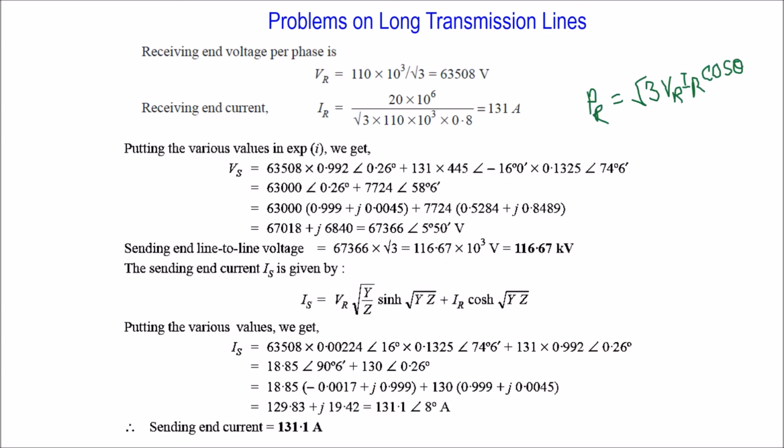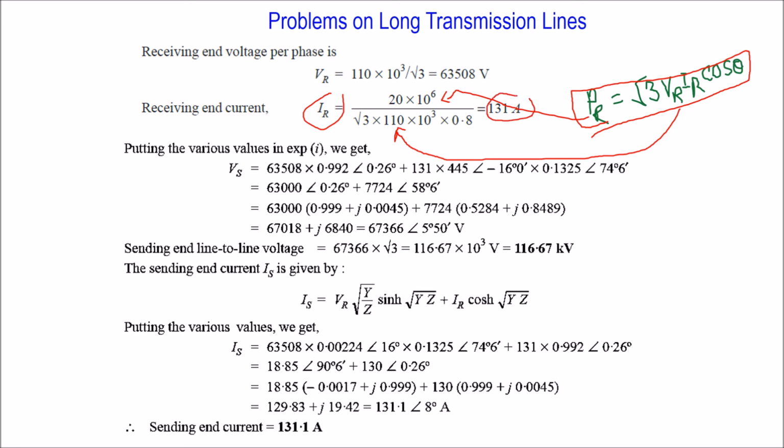So now we determine the value of IR, PR, which is given as 20 megawatt, VR, which is given as 110, right? So we can easily determine IR and we get 131 ampere. So after putting all the values, we can easily determine the sending end voltage and we get 67366 at an angle of 5 degree volt.